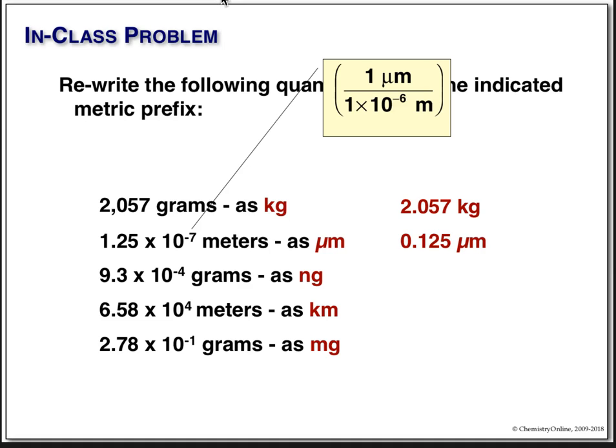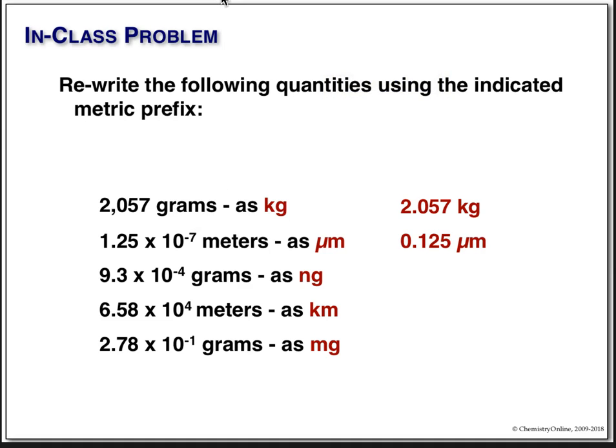Grams to nanograms. Nano is 10 to the minus 9. The ratio must have grams in the denominator. One nanogram is 10 to the minus 9 grams.